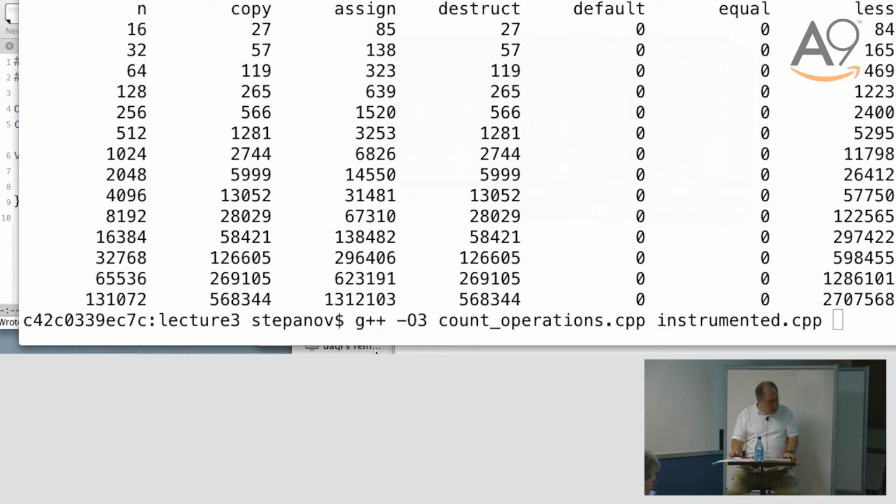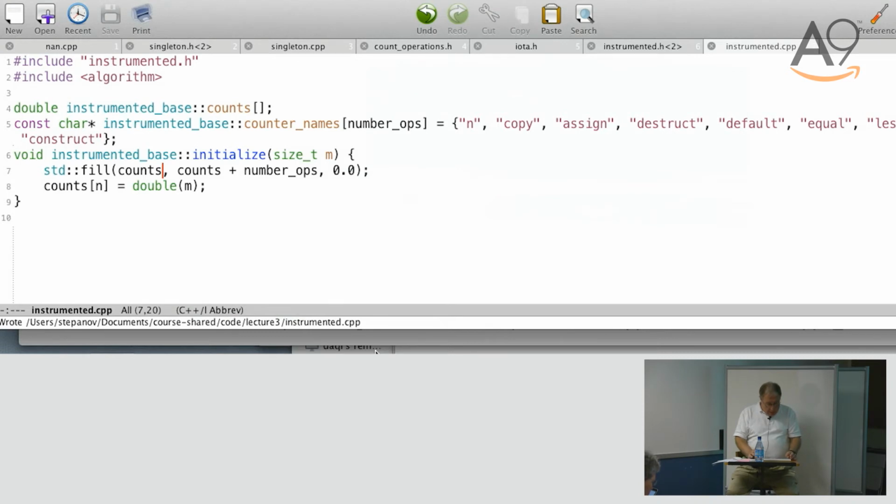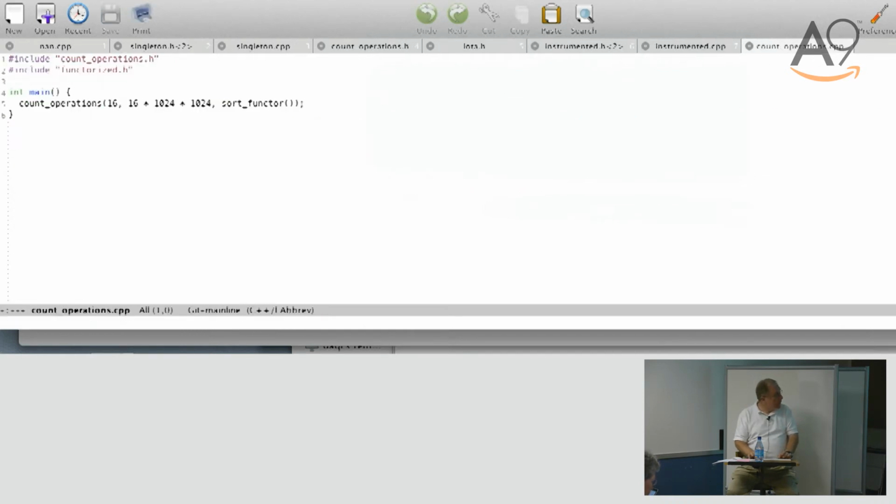Why is it not working? Control X, Control F, count operations dot cpp. Control S, Control F.